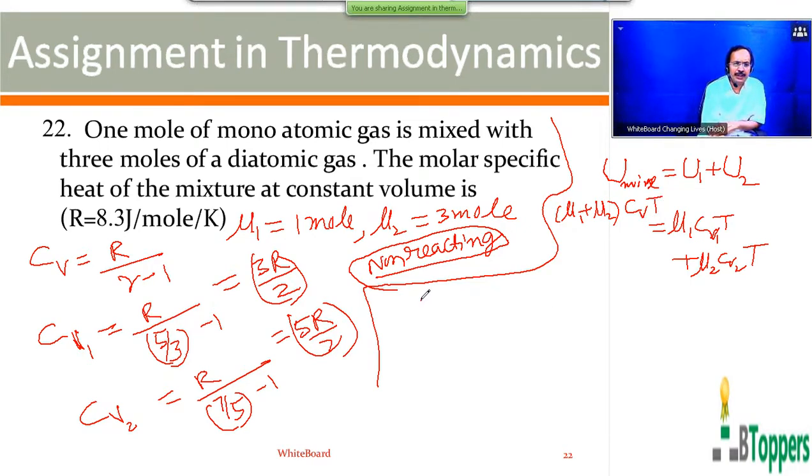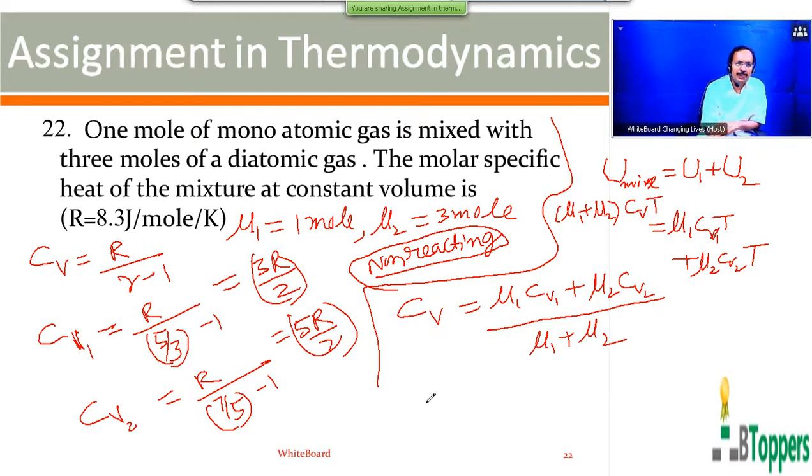So molar specific heat at constant volume for the mixture of the two gases, you can write nu1 CV1 plus nu2 CV2 by nu1 plus nu2. This discussion I have done in the past. Here nu1 is 1 mole, CV1 is 3R by 2, nu2 is 3 moles, CV2 is 5R by 2.